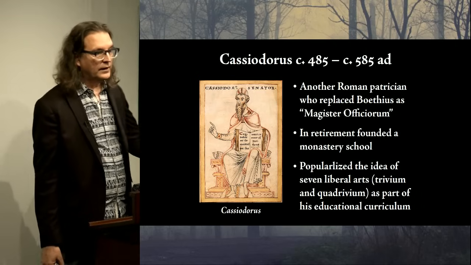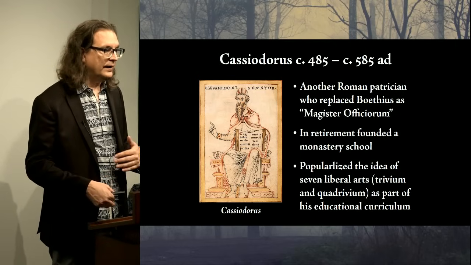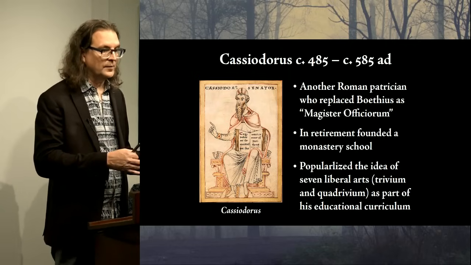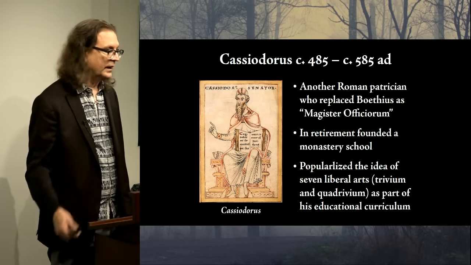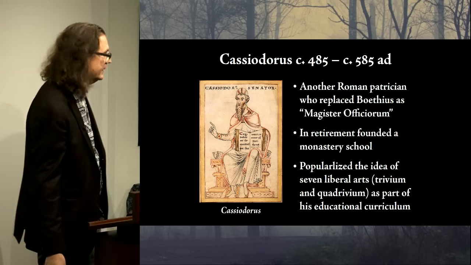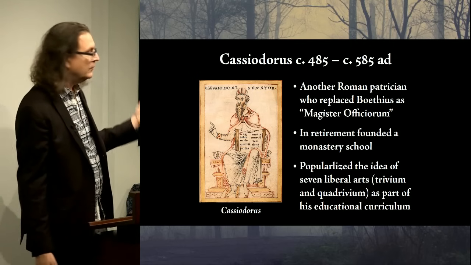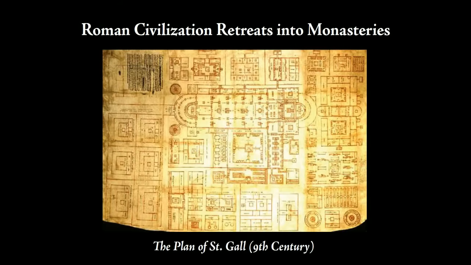He, however, is too associated, as far as the Byzantines are concerned, with the Gothic faction of the Roman Senate. So he is forced to retire and not be part of this new Byzantine provincial Italy. And so he goes back to his villa, which he turns into a monastery.